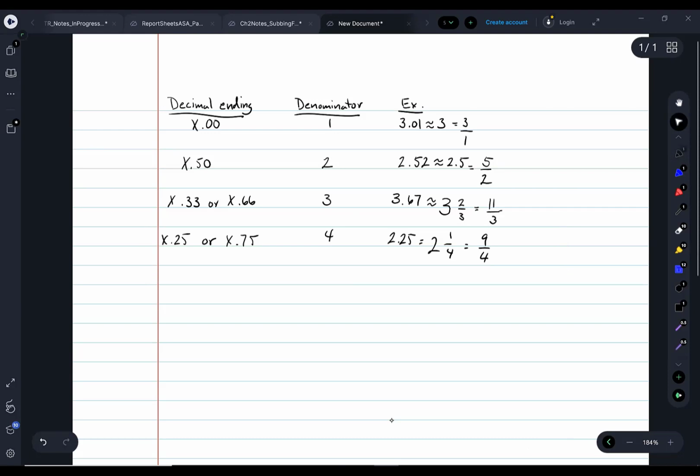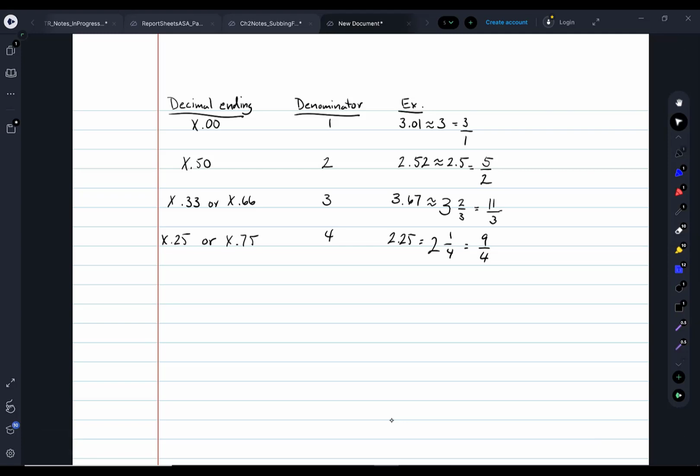And finally, fourths. 1/4, 3/4. You can't do 2/4 because 2/4 is a half. Yeah, good. So anything that ends in about 0.25 or 0.75 would be these. Okay.